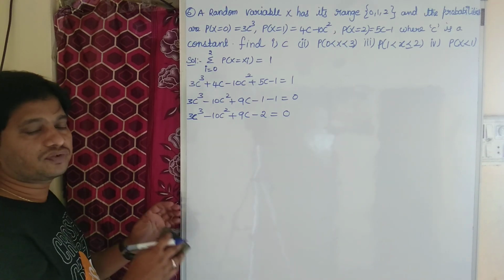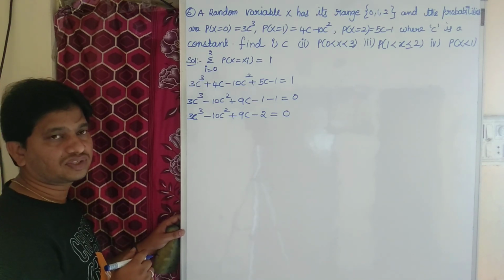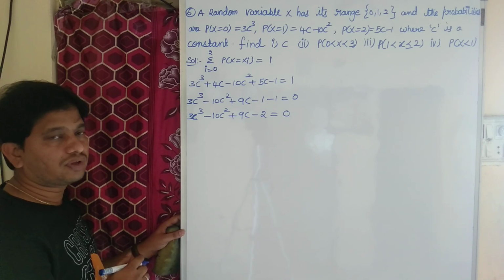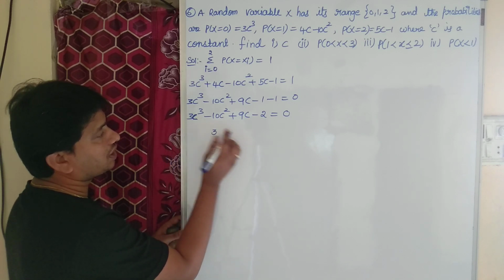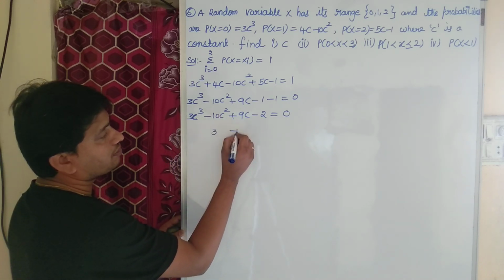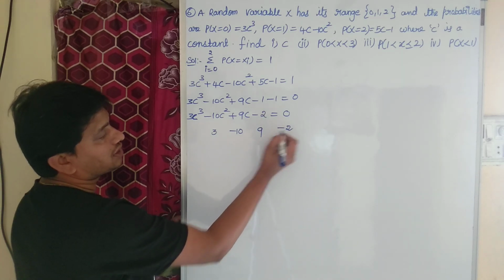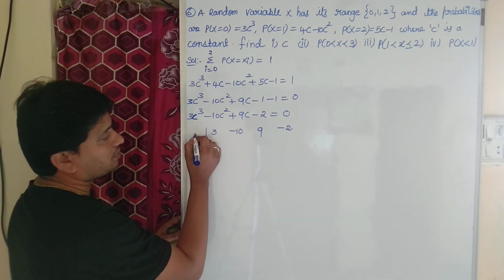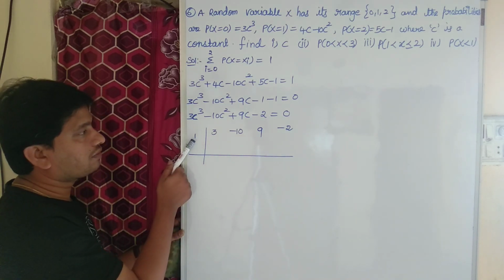When the sum of the coefficients is equal to 0, then 1 is a root of the polynomial, right? Let us write the coefficient of c cube 3, coefficient of c square minus 10, coefficient of c is 9, constant is minus 2. Let us put here 1. Children, why did we take 1?